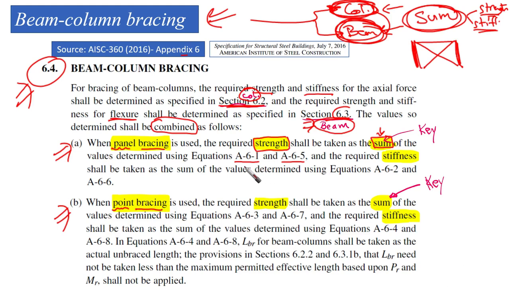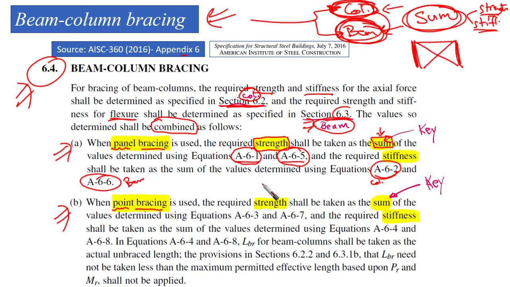This one is related to column, this one is related to beam. And the required stiffness shall be taken as the sum of the values determined using equation A6-2, which is related to column, and A6-6, which is related to beam. So that's the issue here: stiffness and strength.